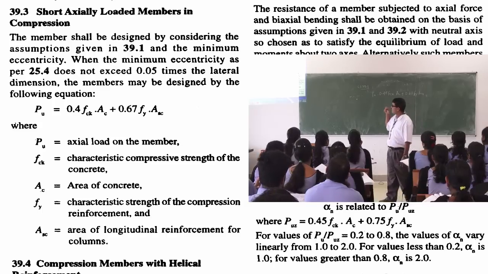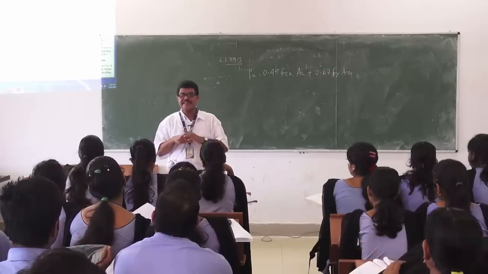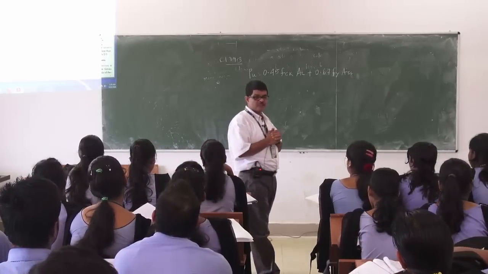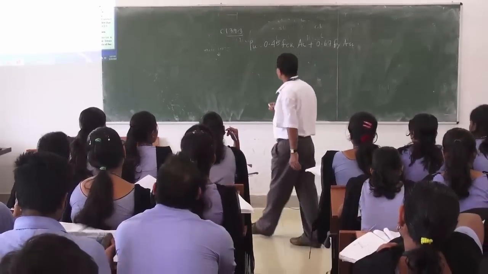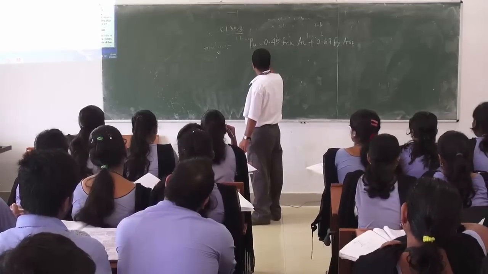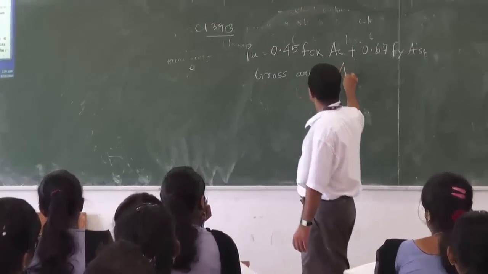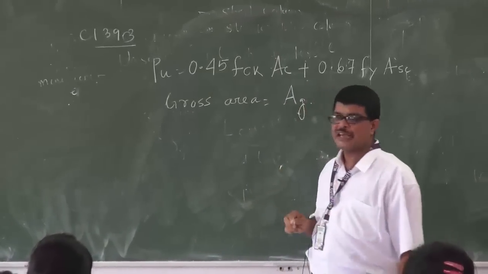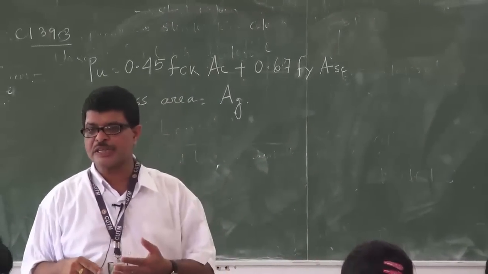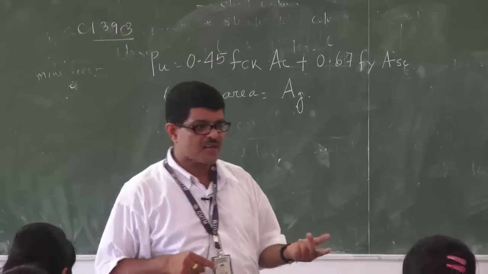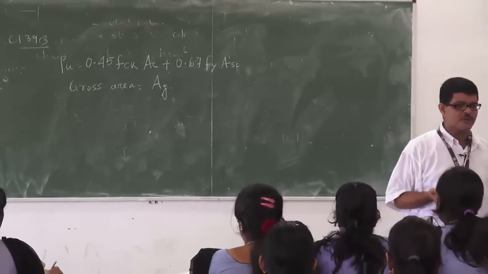Now how to find Ac? If you know the size of the section, then you can find the gross area, Ag. If it is a rectangular column, multiply width into depth, that will give the gross area. If it is a square column, the square of the side will give the area.